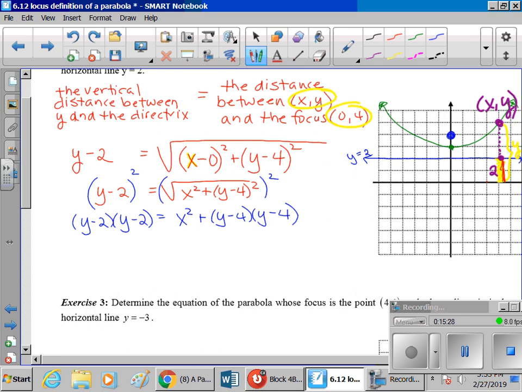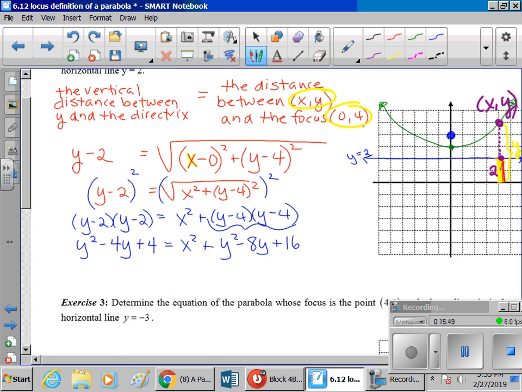So far, so good? So I get y squared minus 4y plus 4 equals, just multiply them out, x squared plus, multiply this piece out right here. This becomes y squared minus 8y plus 16.